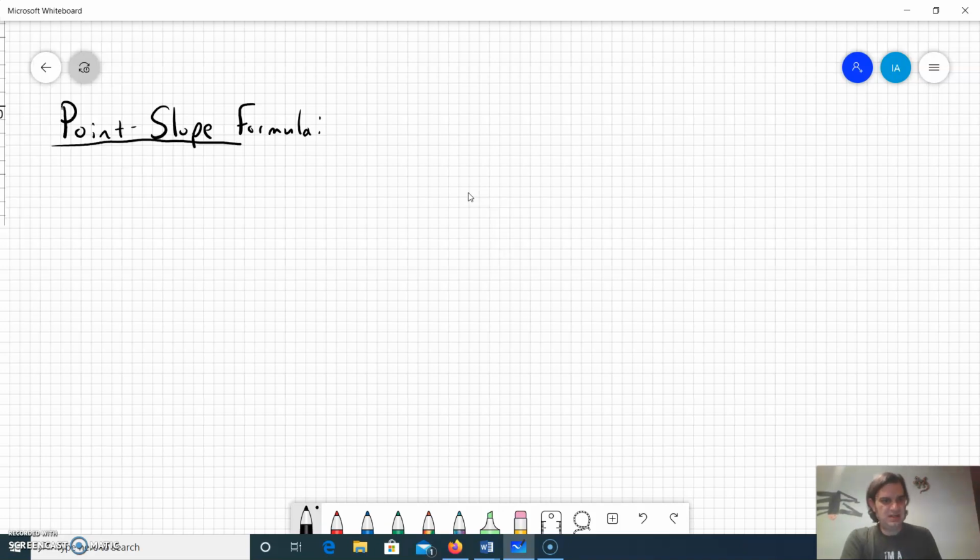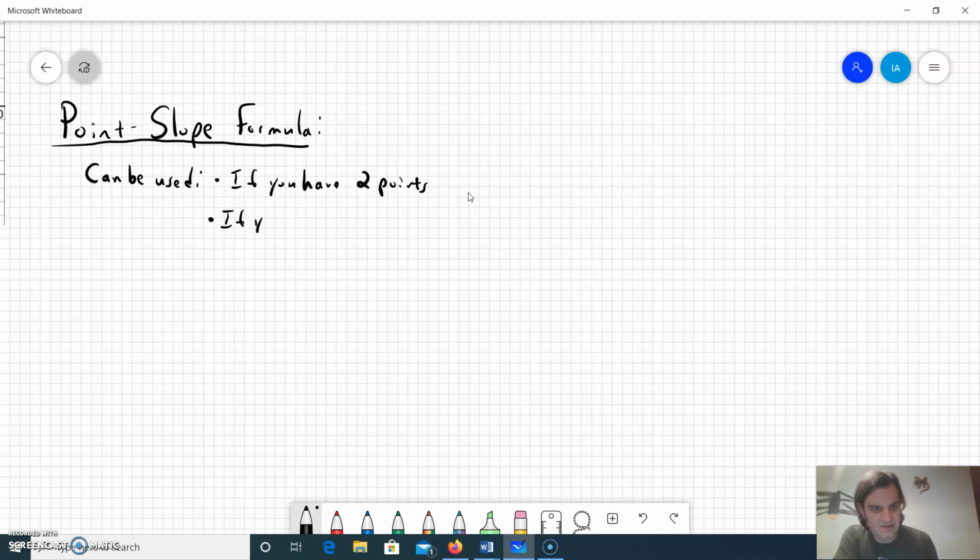Okay, and just to start off and let you know a little bit about it, it can be used if you have 2 points, or if you have a point and a slope. Okay. So what's the formula look like?